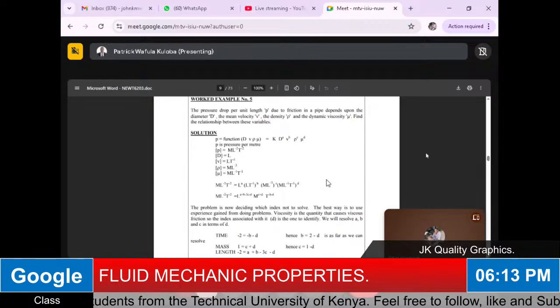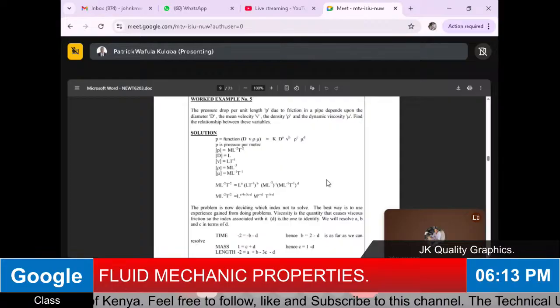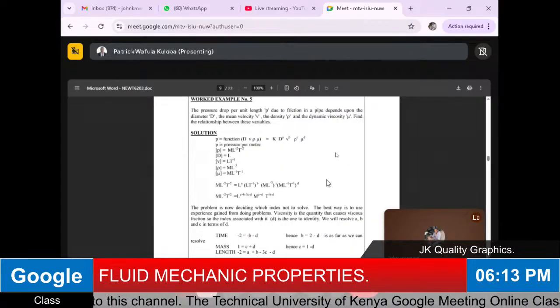The pressure drop per unit length P due to friction in a pipe depends on the diameter D of the pipe, the mean velocity V of the fluid in the pipe, the density rho of the fluid, and the dynamic viscosity mu of the fluid. Again, you write the equation.